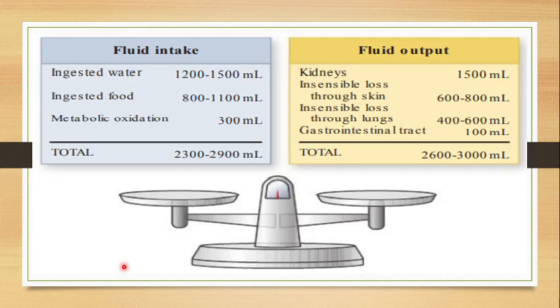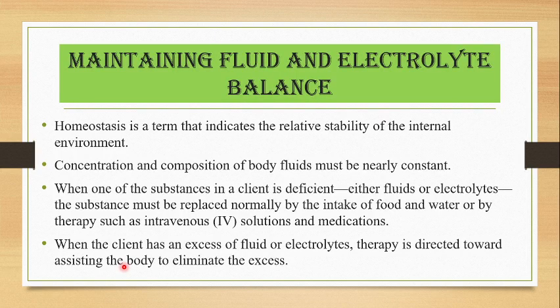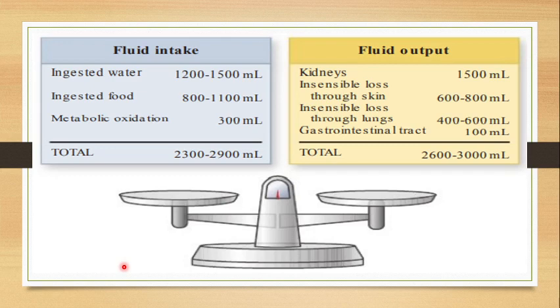So total fluid intake is 2300 to 2900 ml. In output, kidneys excrete 1500 ml of urine. Insensible loss through the skin is 600 to 800 ml and through the lungs 400 to 600 ml. Gastrointestinal tract 100 ml. So total output is 2600 to 3000 ml.